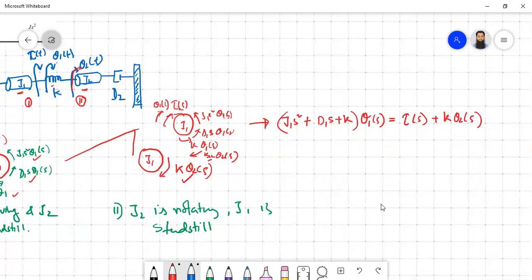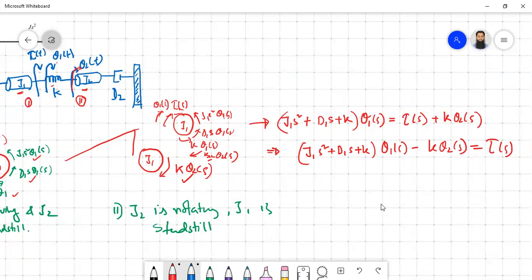Now we can easily take all the thetas on one side. So J1 s square plus D1 s plus K theta 1s minus K theta 2s equal to your tau s. Does it seem familiar to you?